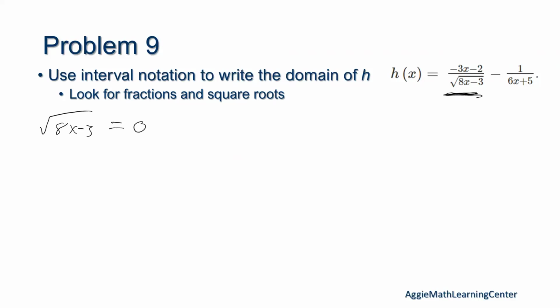So we would square both sides, and you get 8x minus 3 equals 0. Move the 3 over, 8x equals 3, x equals 8/3. Okay, now you have to stop and think, what does that 8/3 actually mean? What that means is if you were to plug in 8/3, then you're getting 0 at that point. And so because of that, you can't divide by 0, so you know x cannot equal 8/3.